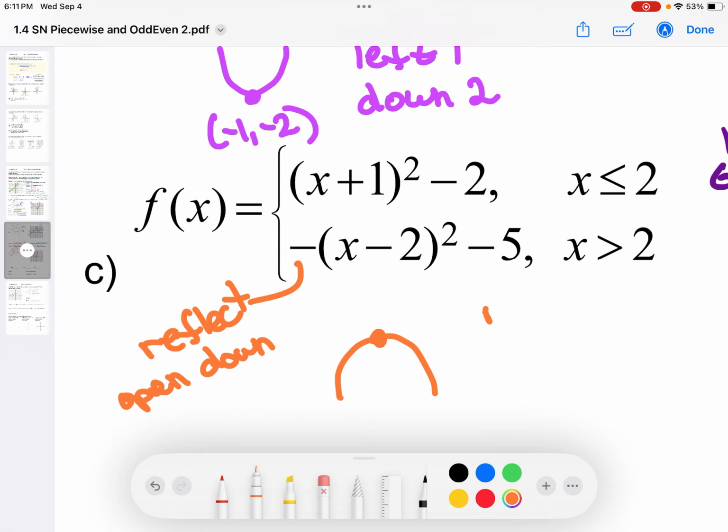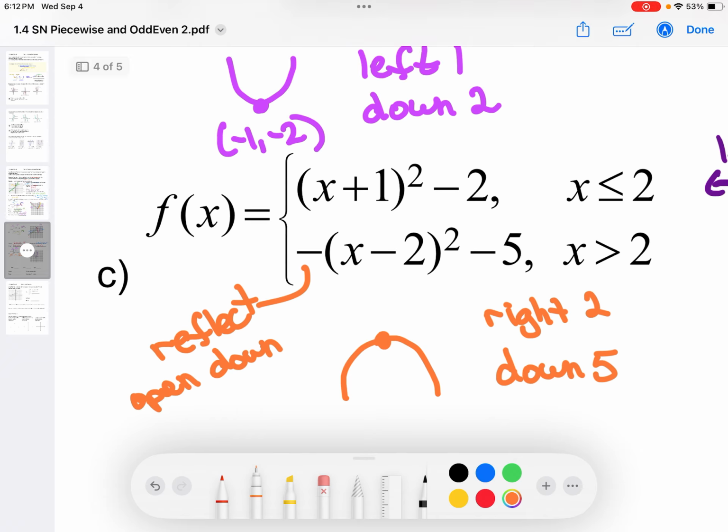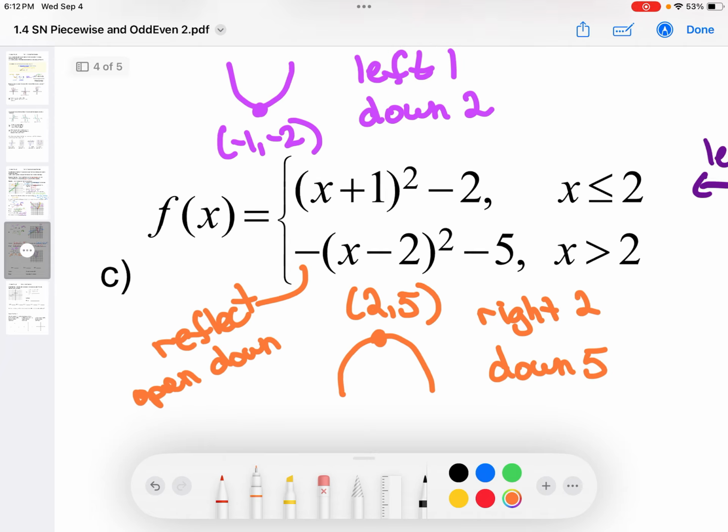Now, transformations: -2 on the inside moves right 2, yes, that feels backwards. And we need to move down 5 for that -5. So this vertex will be at 2, 5. 2, 5.